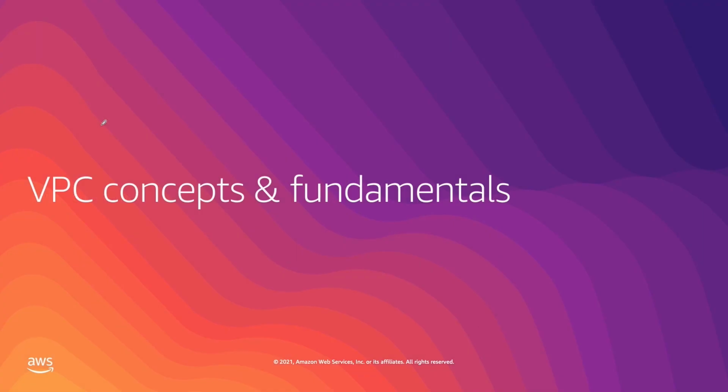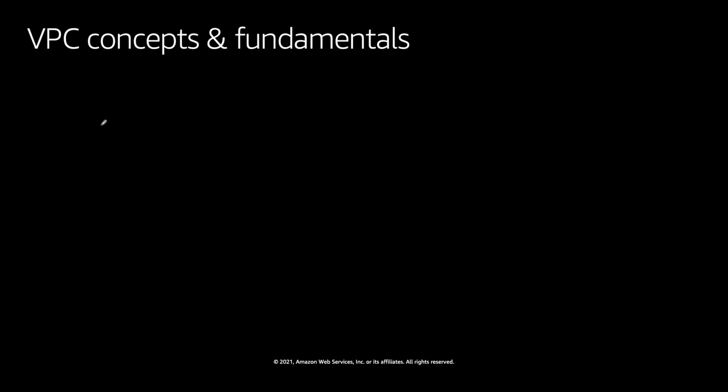So now that we got a holistic idea about a VPC and how our default VPC looks like, and what are the subnets and the CIDR range that we get, now let's jump into a few of the core concepts and fundamentals of VPC.